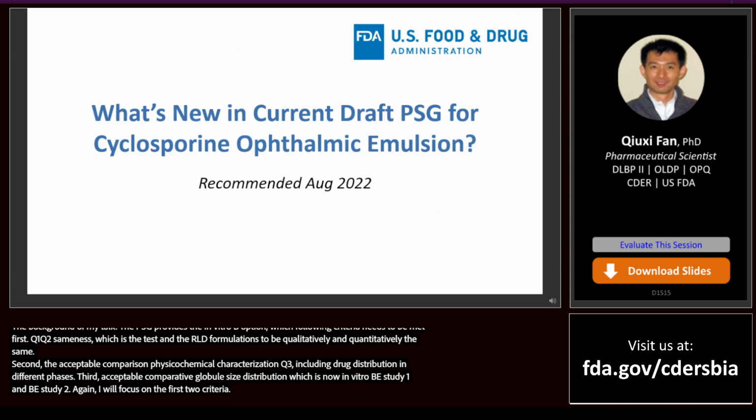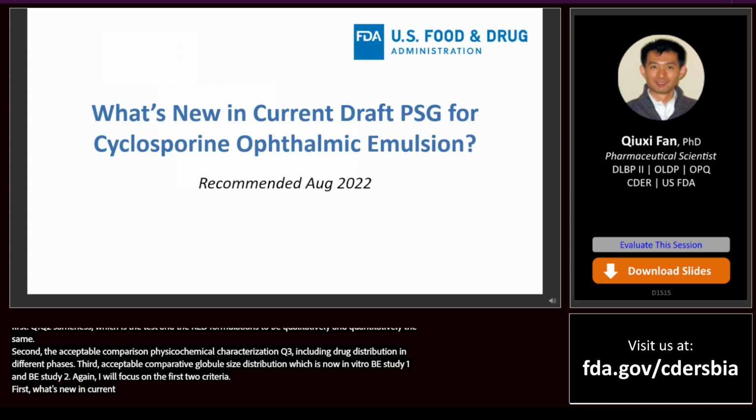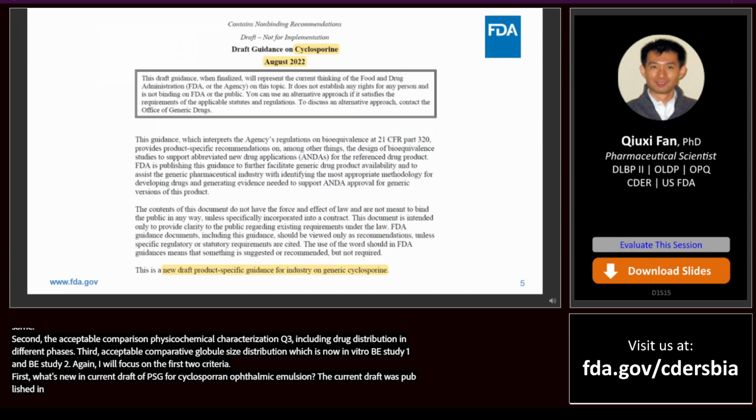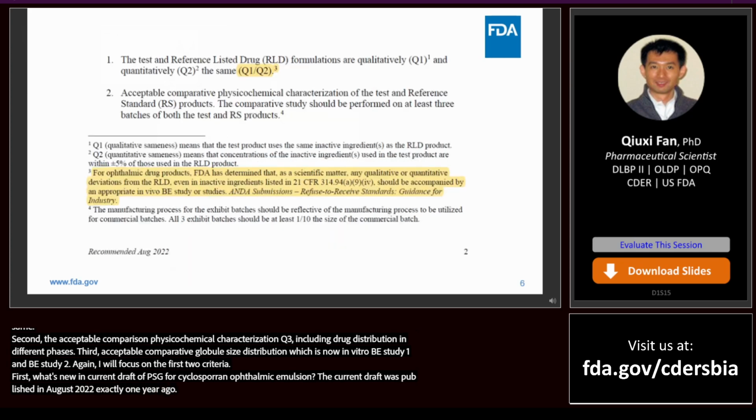First, what's new in the current draft PSG for cyclosporine ophthalmic emulsion? This current draft PSG was published in August 2022, exactly 1 year ago. The major new part of this PSG is footnote 3 on Q1, Q2 sameness.